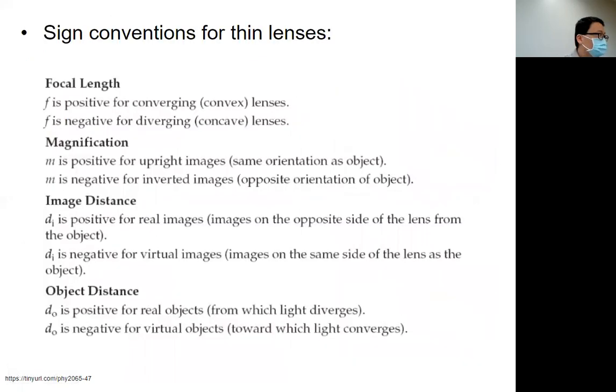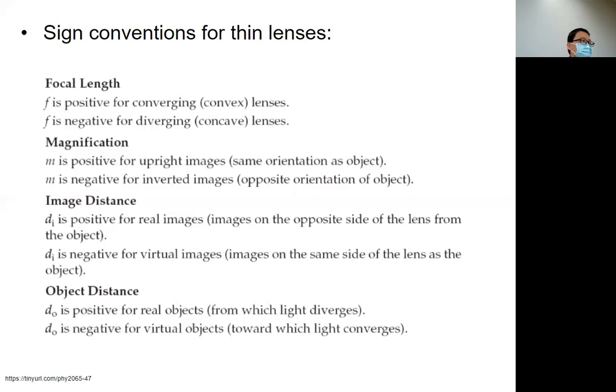Let's take a look at sign conventions here before we look at the example. So, sign conventions for lenses. If you have a convergent lens, which means a convex lens, then the focal length will be positive, okay? For a divergent lens, the focal length will be negative. Magnification is positive for virtual images or upright images.